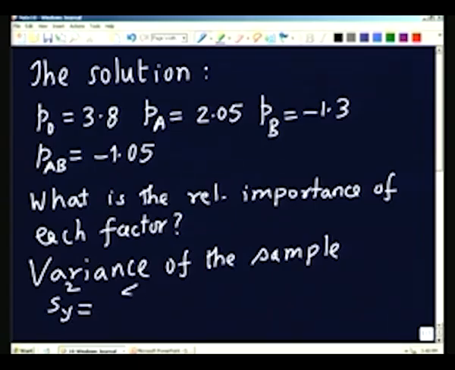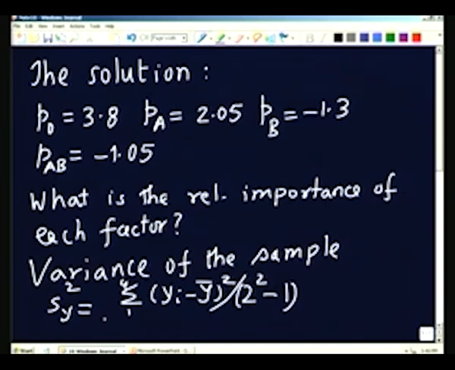This is given by sigma 1 to 4 (y minus y bar) whole squared divided by n minus 1. If you remember, we have 2 squared minus 1. Because we have already got P naught from these measurements, I have one less value, and therefore I will use the formula with n minus 1 as the denominator. n is 2 squared, so n minus 1 is nothing but 3, giving 1 over 3. Okay? And let us look at sigma (yi minus y bar) whole squared.